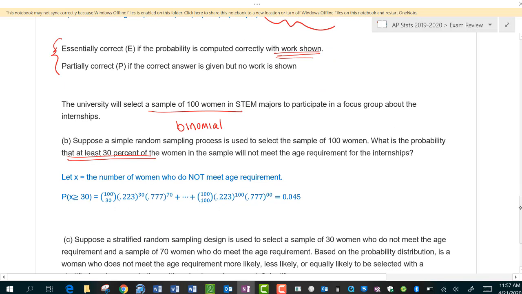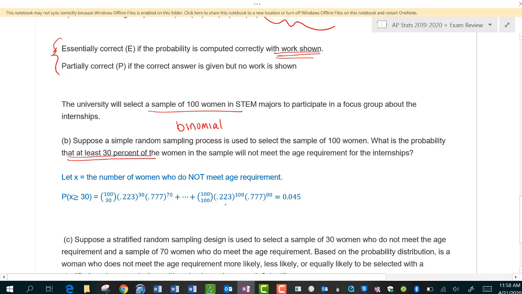The formula for this is on your pink sheet. So I just said, okay, let X equal the number of women who do not meet the age requirement, and I want to find the probability X is greater than or equal to 30. I use the formula for binomial probability, I set it up, and I finished it. This would be an adequate amount of work shown.